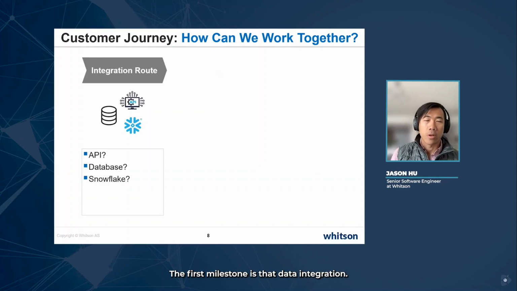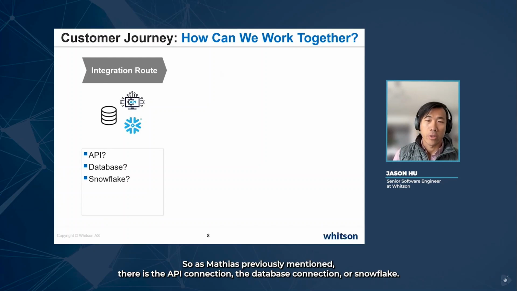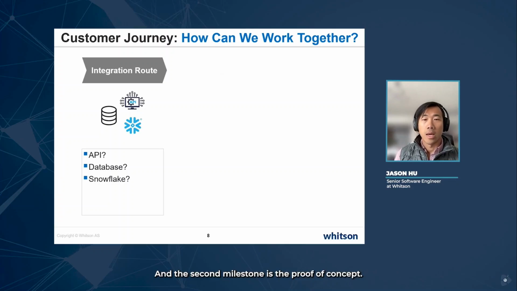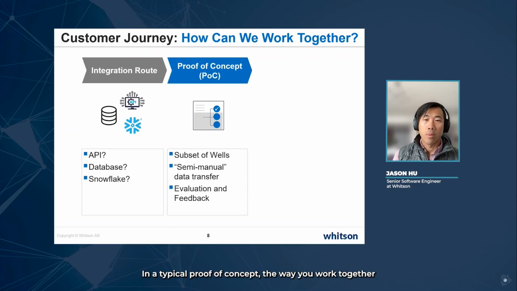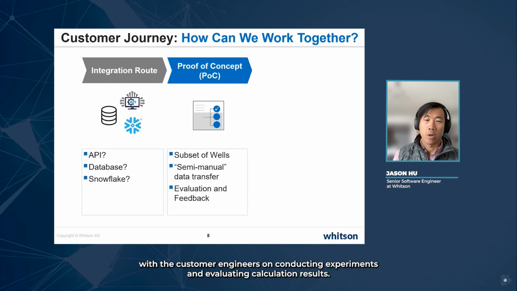The first milestone is the data integration. So as Matthias previously mentioned, there is the API connection, the database connection, or Snowflake. And the second milestone is the proof of concept. In a typical proof of concept, we work together with the customer engineers on conducting experiments and evaluating calculation results.